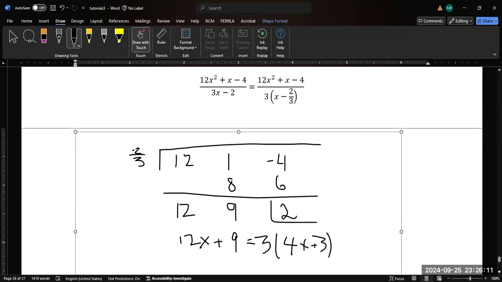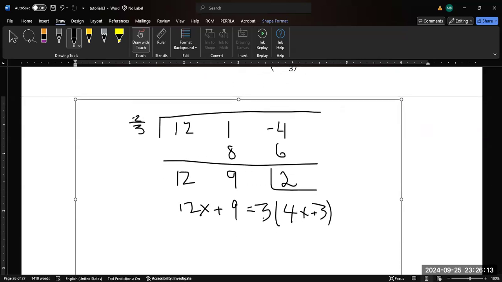And so that leaves me with 4x plus 3 as the result of dividing by 3x minus 2 and not just x minus 2/3, because this 3 can now cancel with the 3 that's in the denominator. That extra factor is something that you have to keep in mind when you have a leading coefficient other than 1. But that does not affect the remainder at all because this won't divide evenly anyway.